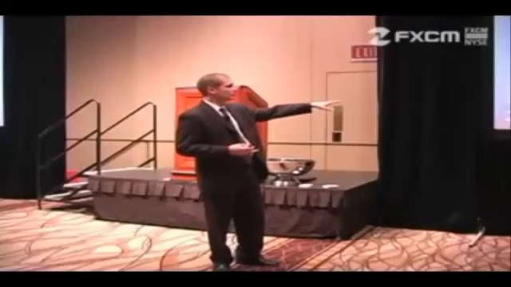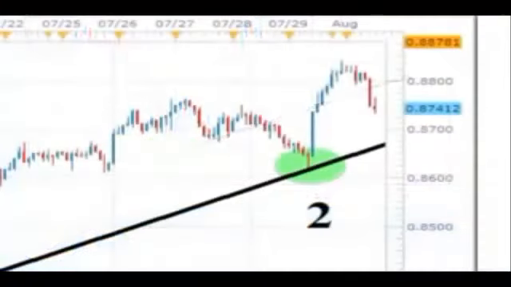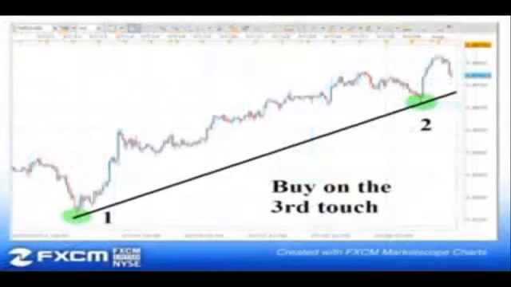You'll notice that when I draw this trend line, I'm touching the very lowest point at point number one. I'm touching the very lowest point of point number two, and I'm drawing the line that way. A lot of traders make the mistake of trying to fit their line on the chart. They think there's a line here, and then they try to make it fit, and then you have candles or wicks piercing through the line, and it's just not a real clean chart.